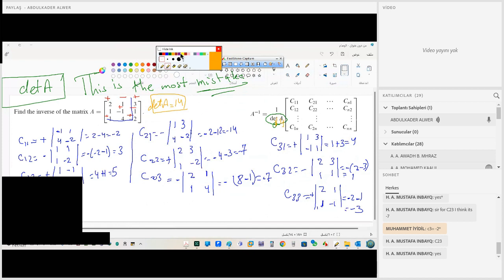After that, how can I write those? See, it's minus 2, then 3, then 5, then 14, minus 7, 4, 1, minus 3. It is C transpose. So first of all, calculate det, it must be not 0.